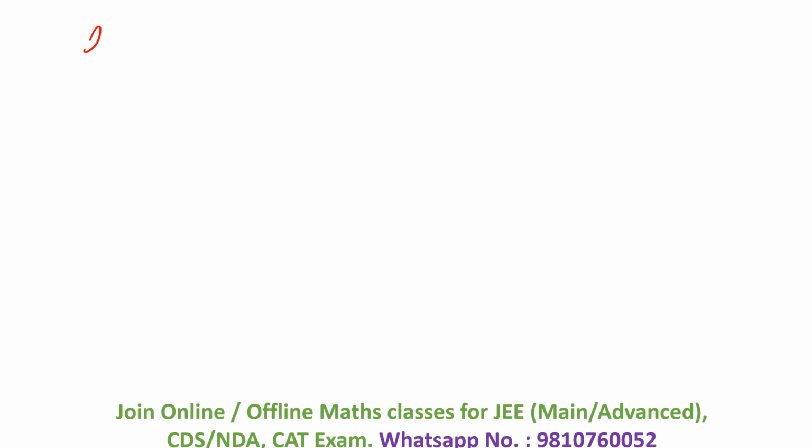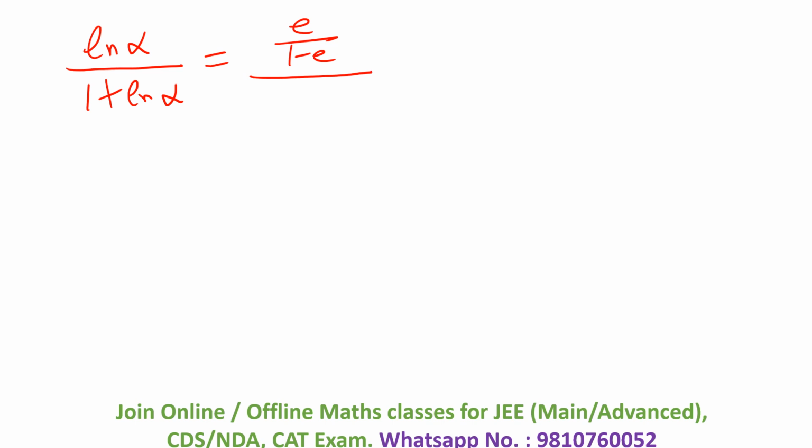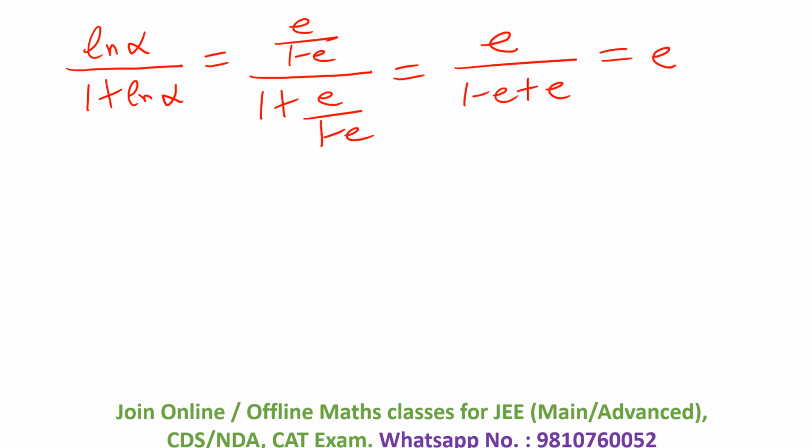We have to evaluate ln alpha divided upon 1 plus ln alpha, and ln alpha we have got as e upon 1 minus e. So just put its value over here and now simplify it. It becomes e upon 1 minus e plus e, and this is nothing but e. So that means option C is the correct one.